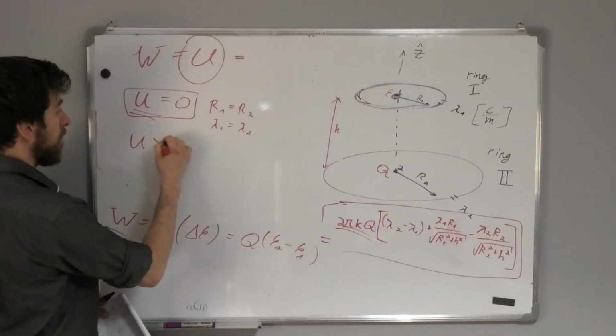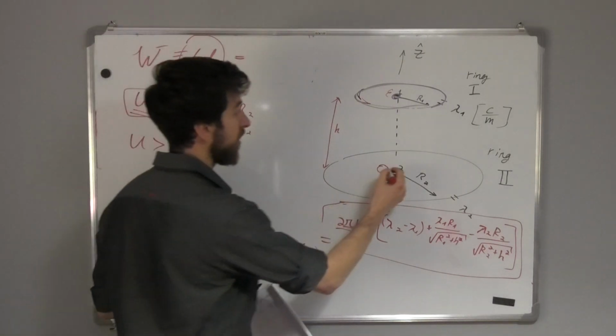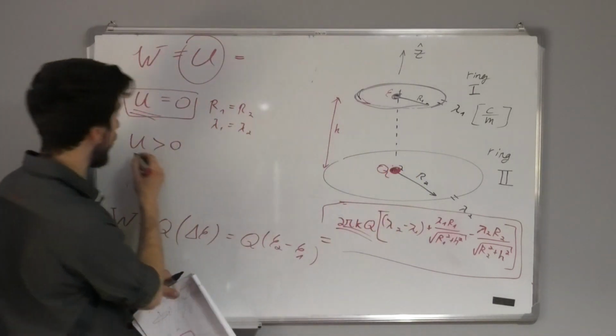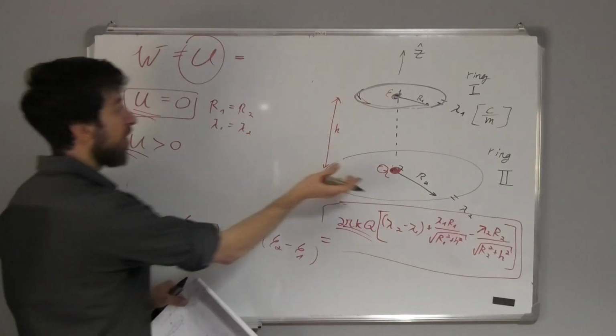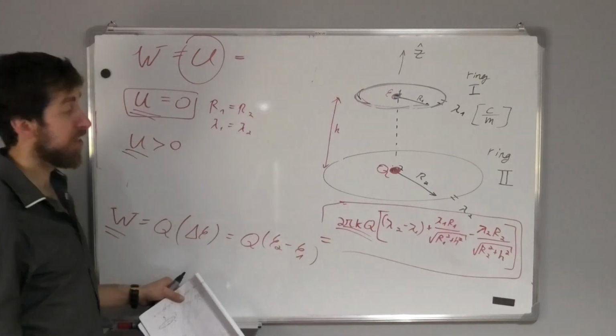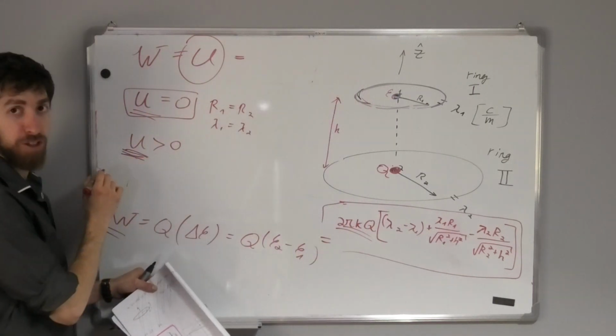If U was positive, it was stuck, for example at point 2, and you need to apply this amount of energy to take it from here, rip it off, and put it at 1. That's the idea of positive energy, okay?